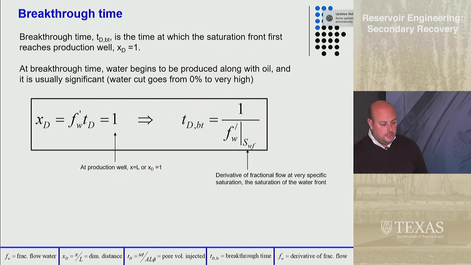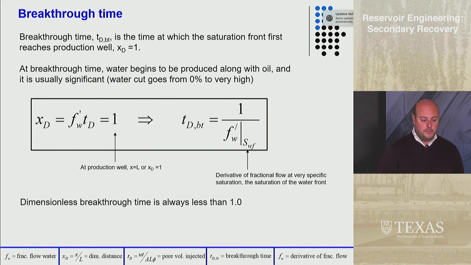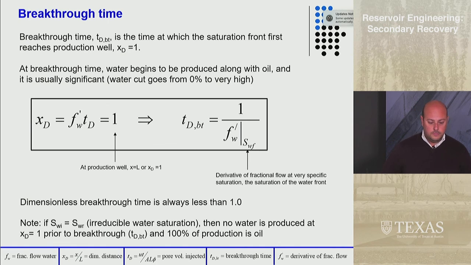So again, this is at the production well, and this is the derivative of the fractional flow at a very specific saturation. That's the saturation of the waterfront. As I mentioned, the dimensionless breakthrough time is always less than 1.